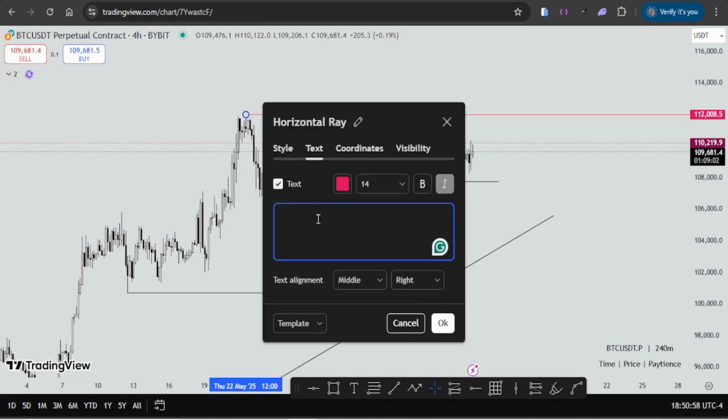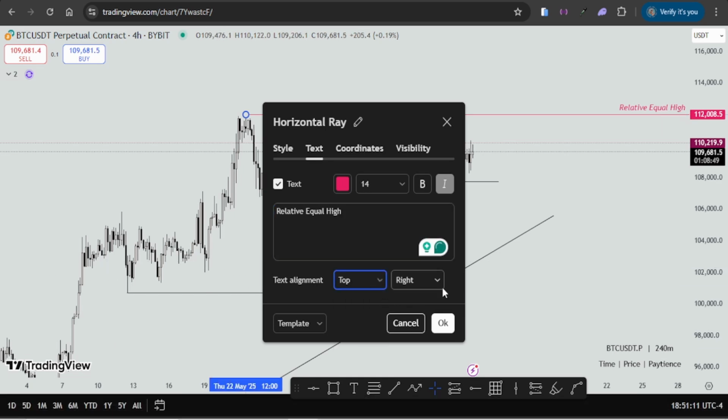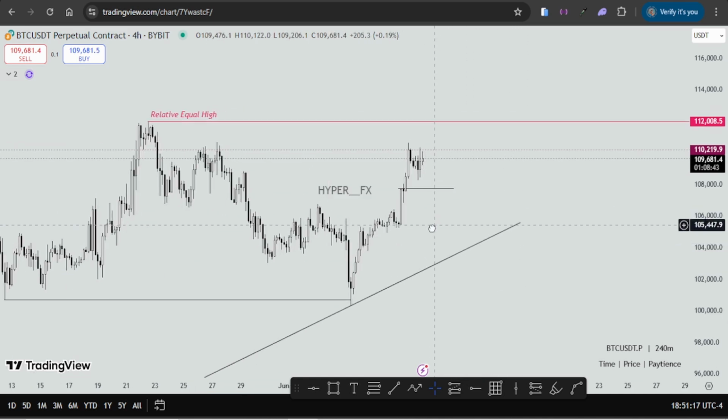A relative equal high is just like a price magnet. Okay, personally I like to call it a price magnet because it is where price will gravitate to eventually.